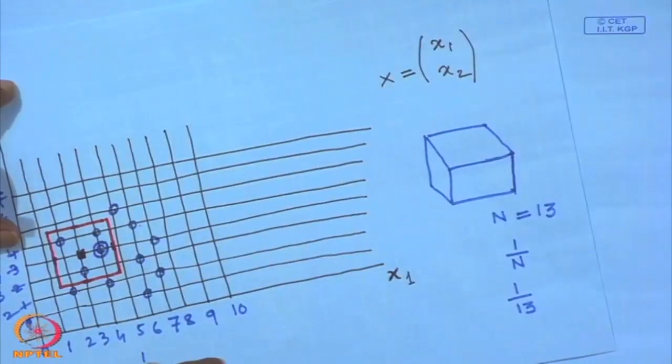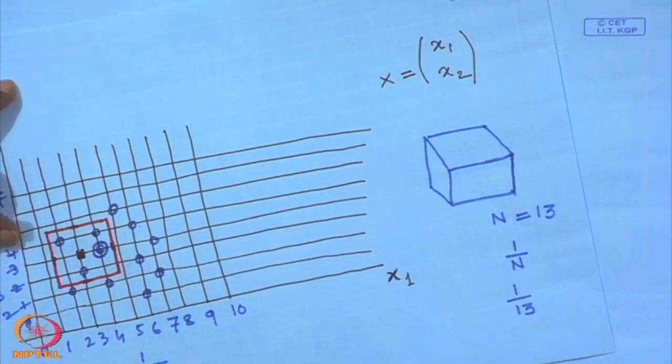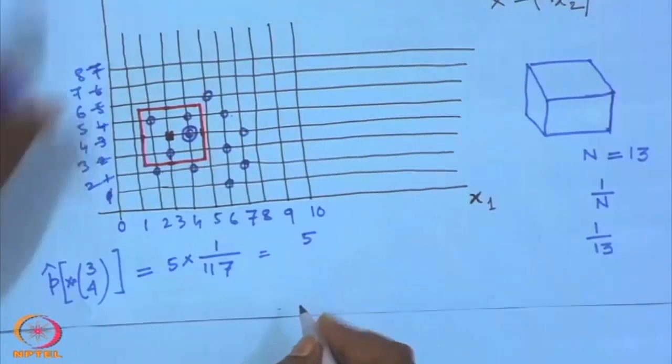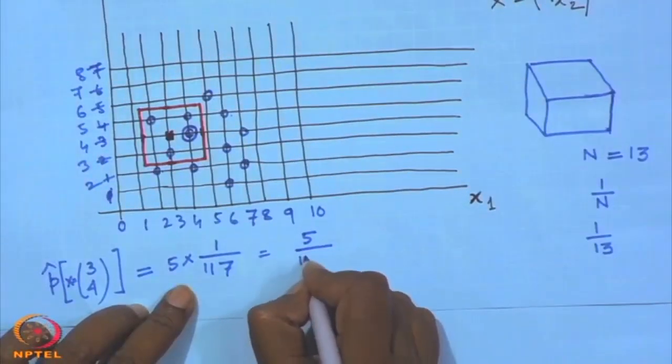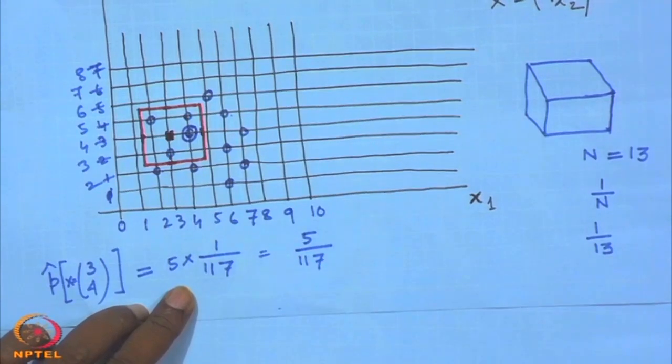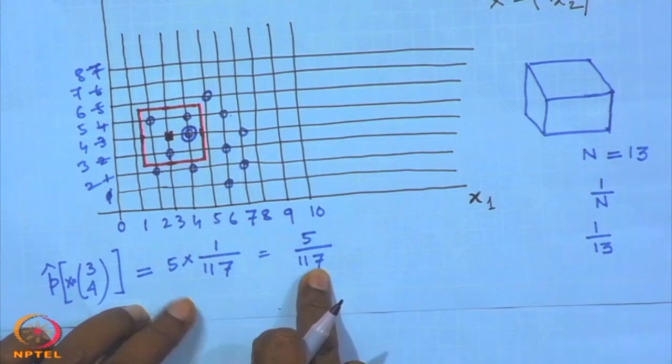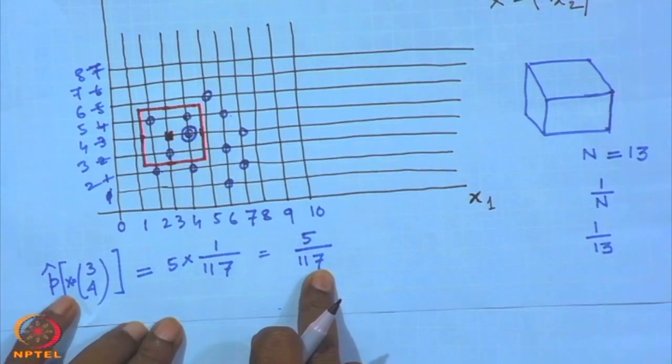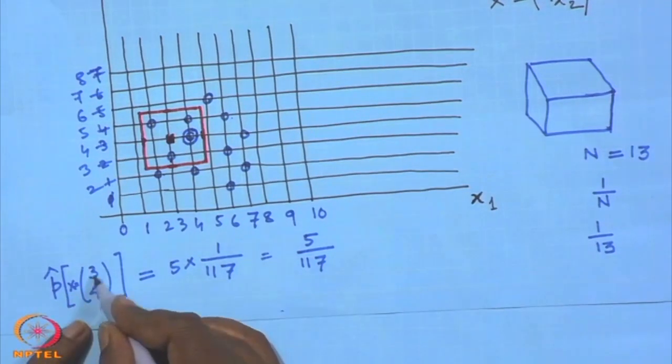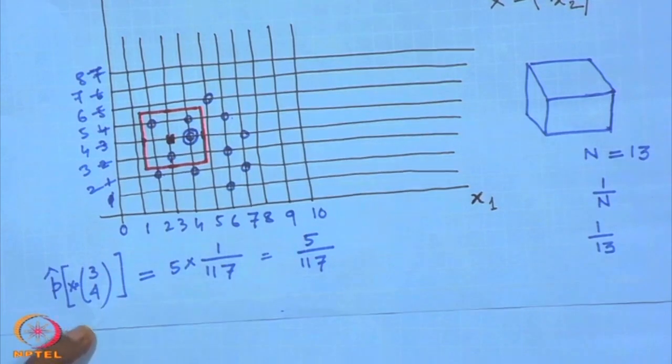So, this is equal to 5 upon 117. This is the probability density, the estimated probability at location x equal to 3, 4. So, this is in the vector space.